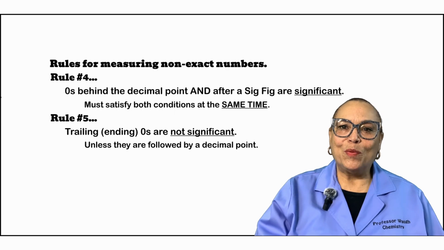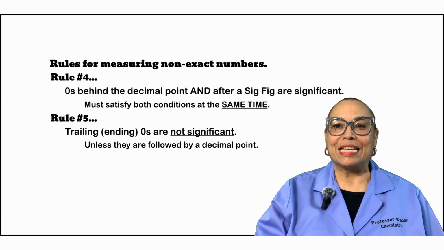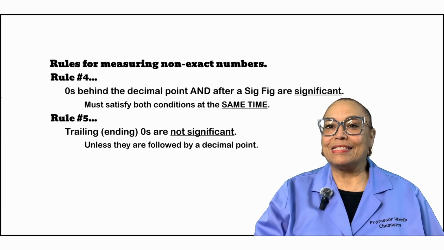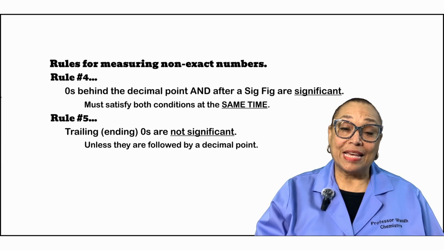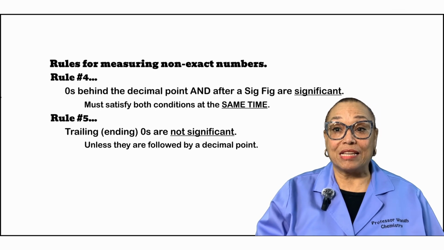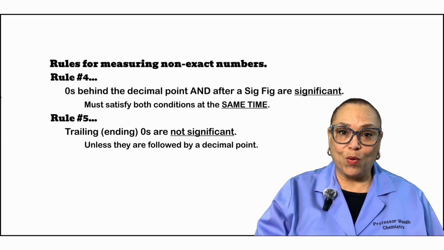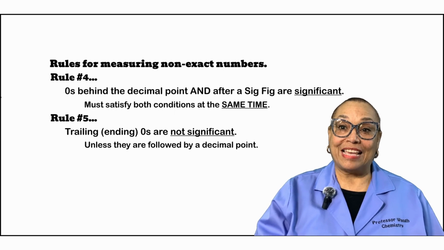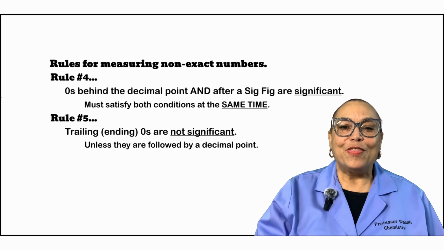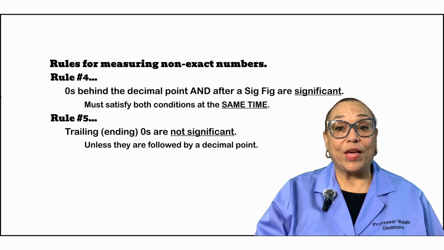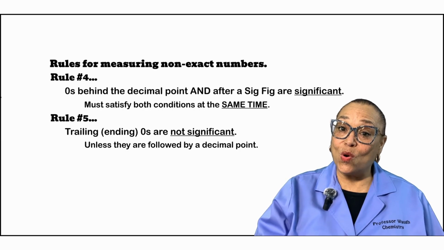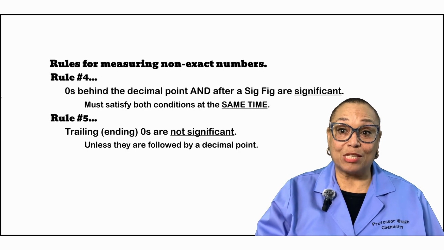To recap, we went over the last 2 significant figure rules concerning zeros. The first rule being that zeros behind the decimal point and at the same time after a sig fig are significant. It is very important to remember that at the same time, since that's what trips up a lot of students. The last rule is a rule that not every teacher follows, so remember to ask your professor before committing it to memory.